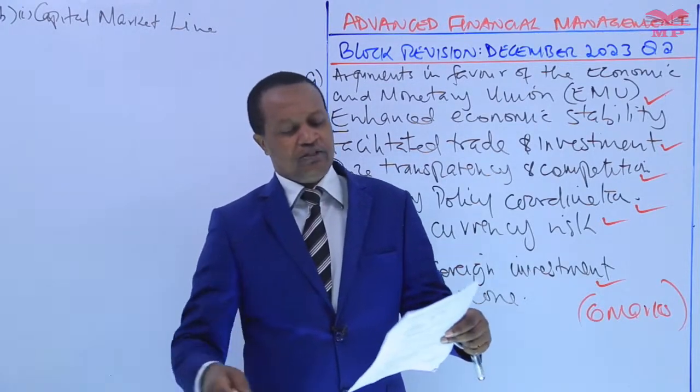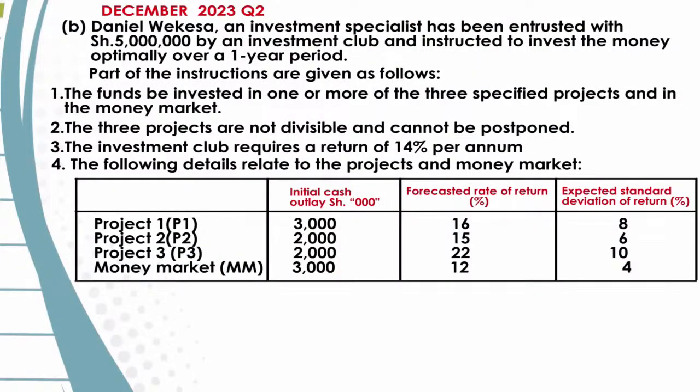So you can see in note number 4, project 1 is 3 million, project 2 is 2 million. So that is a possible combination. In the same note, you can see project 1, which is 3 million, and project 3, which is 2 million. That gives you a total of 5 million. That is the second possible combination.